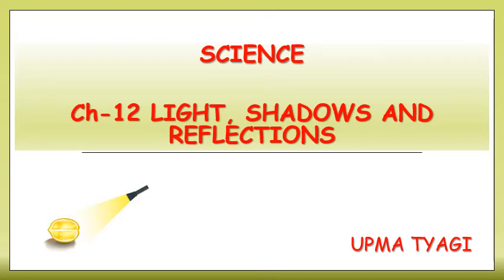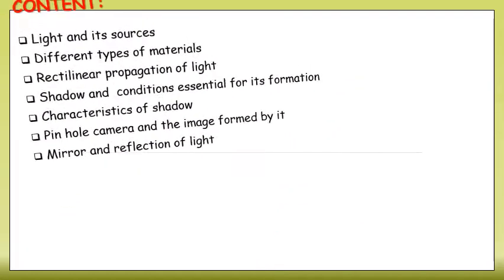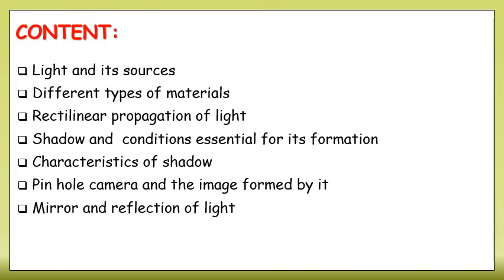Today we will start with another chapter of science, that is chapter 12, Light, Shadows and Reflections. So in this chapter we will study what light is and what its sources are, and different types of materials which transmit light differently.